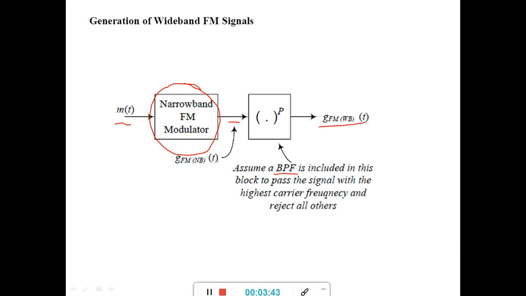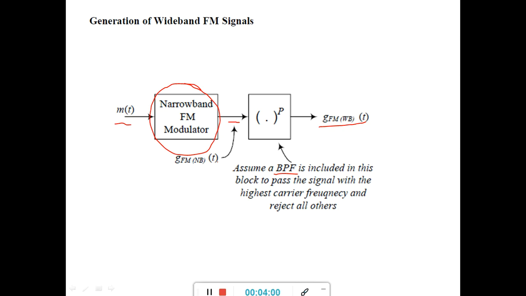In this diagram we can see that the narrowband FM modulator generates a narrowband FM signal using simple components such as an integrator, maybe an op-amp, then oscillators, multipliers, and adders.